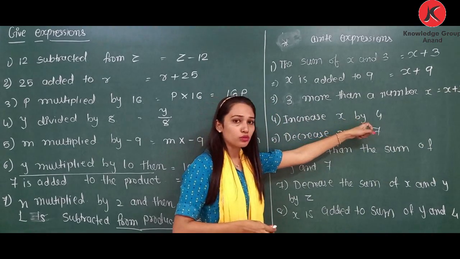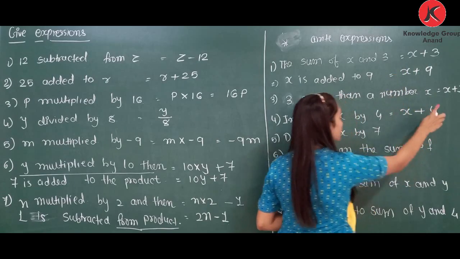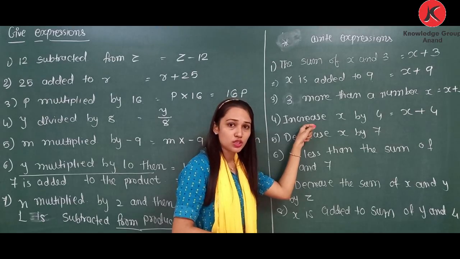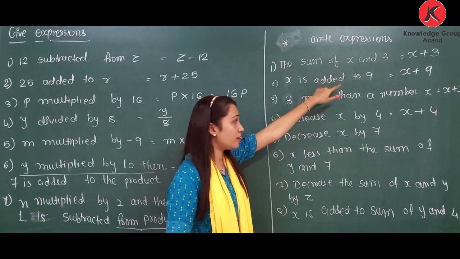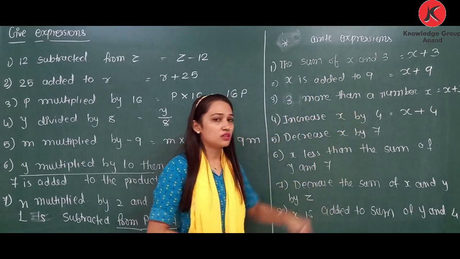Increase x by 4 is also written as x plus 4. Now you can see here 4 statements that represent the operation addition, but the statements use different sentences. Sum, added, more than, increase, it is nothing but addition.